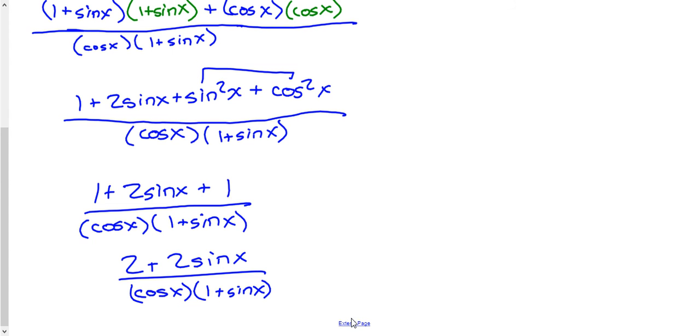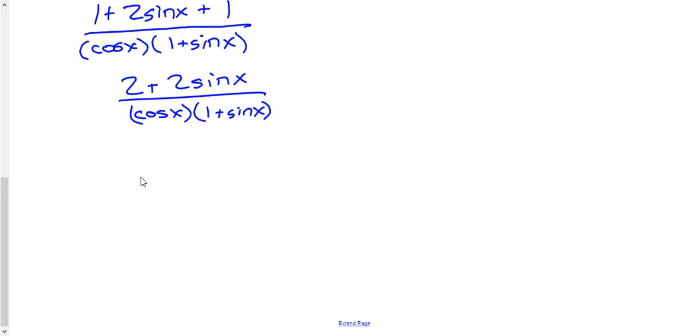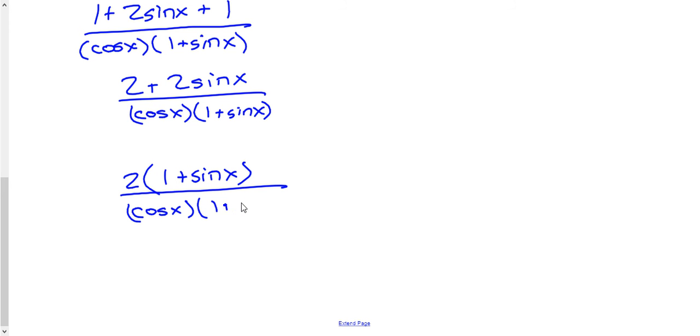And what I'm going to do next here in my numerator is factor out a 2. So if I factor out a 2, I end up with 1 plus sine x. And all that's still divided by the cos x, and you had that 1 plus sine x.